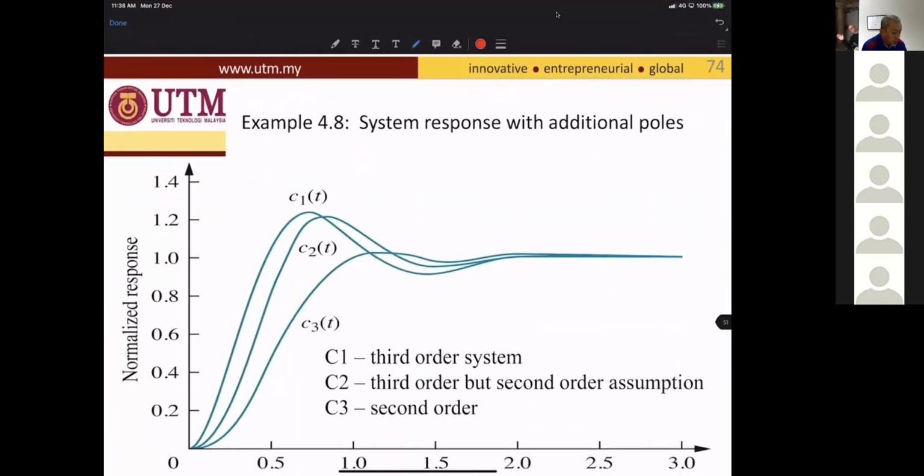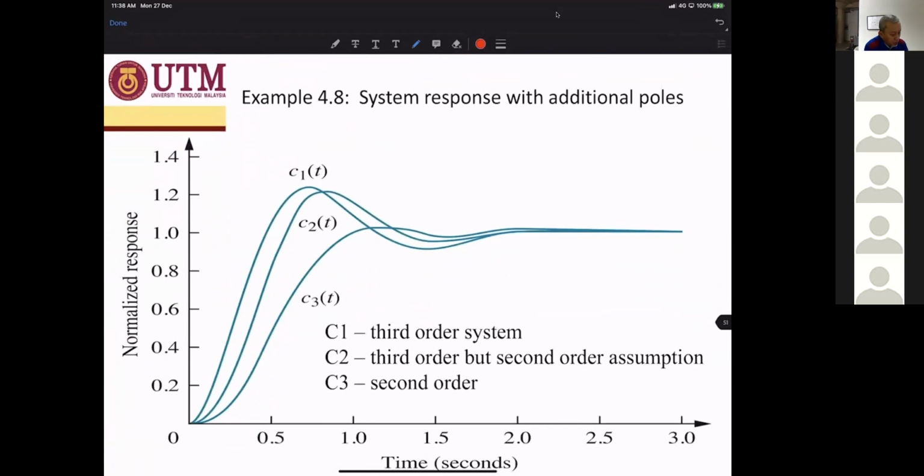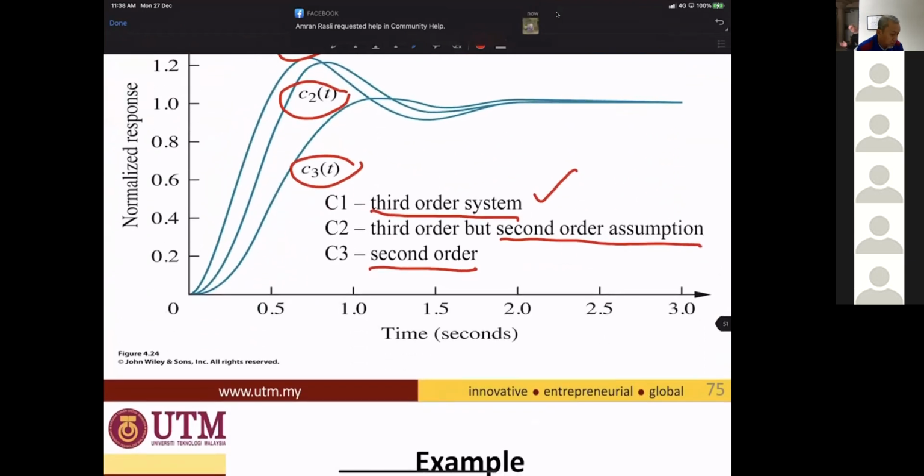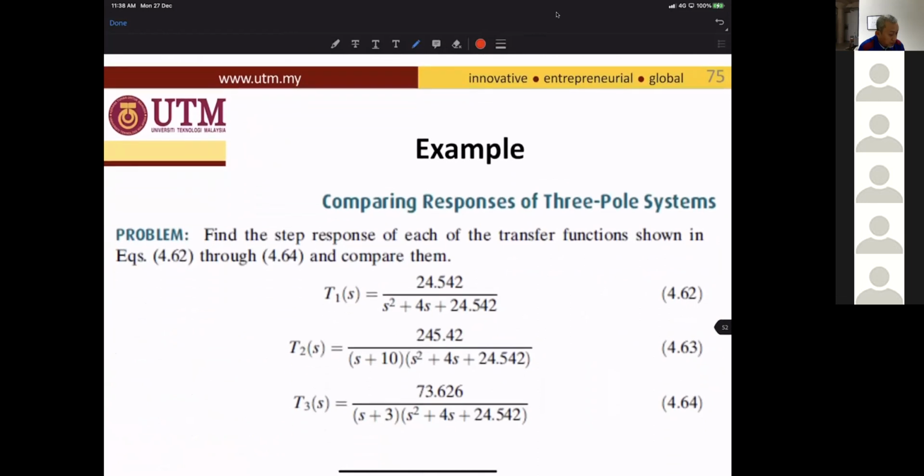So you can see that C1 is the pure third order system. C2 is the third order but with a second order approximation or assumption. And C3 is the second order. So you can see the difference between C1, C2, and C3, when the system is considered as third order, and when it is considered as second order approximation.